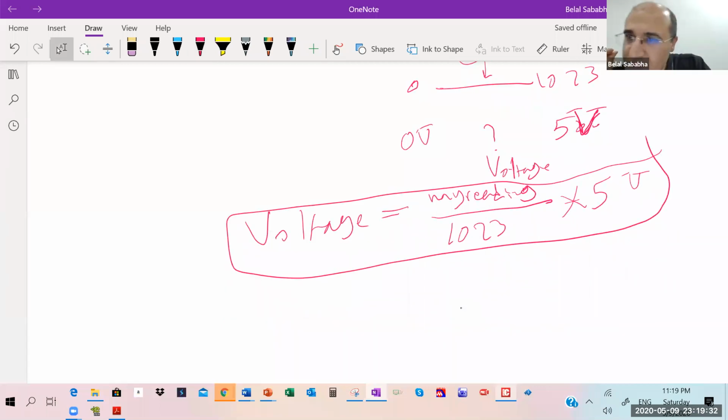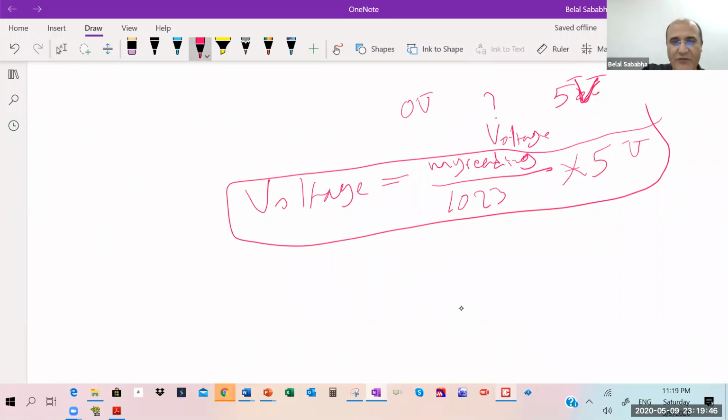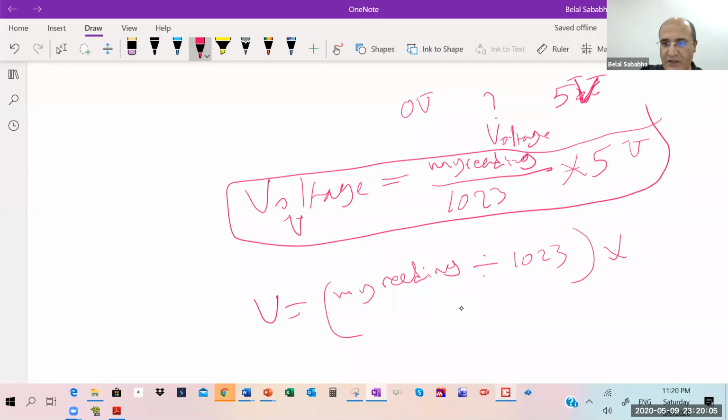Guys, here there's a point I want you to focus on, because when you really work with the microcontroller some of you are going to find problems, and remember me in the lab. What's better to write? V equals my reading divided by 1023, and then this is multiplied by 5?